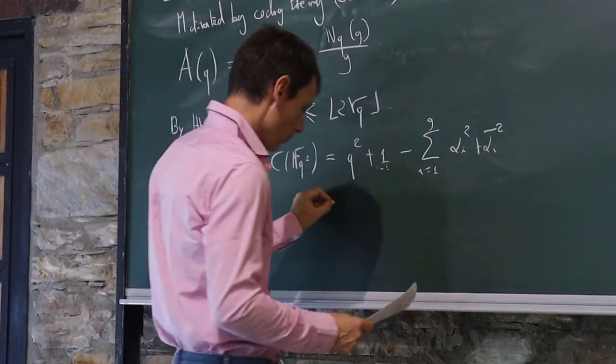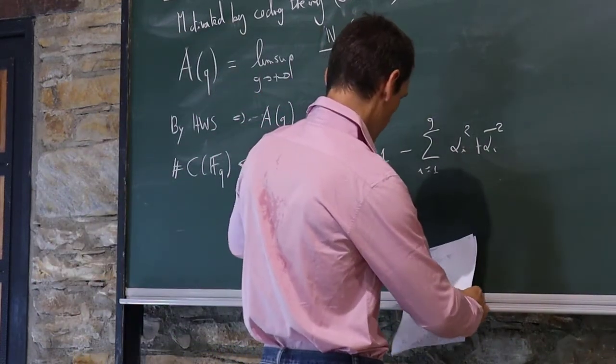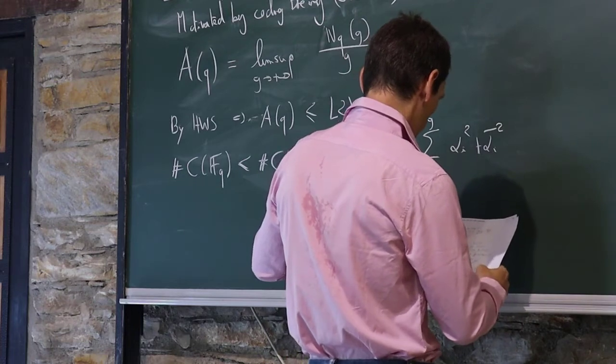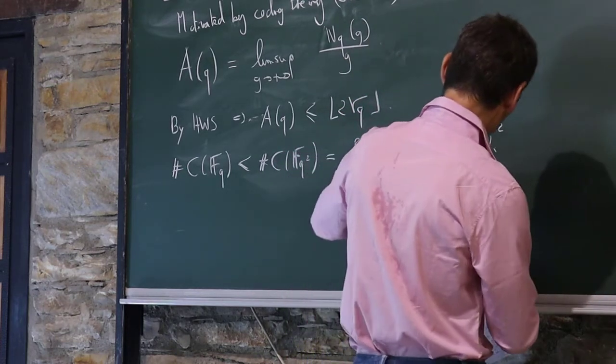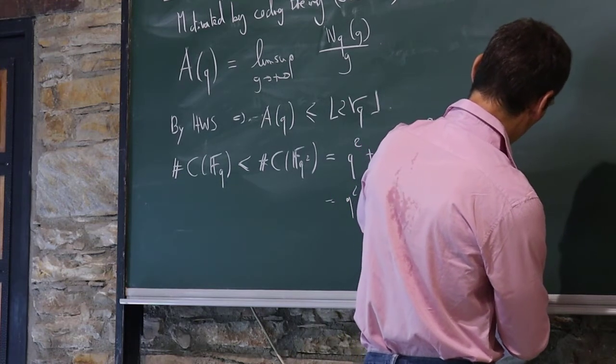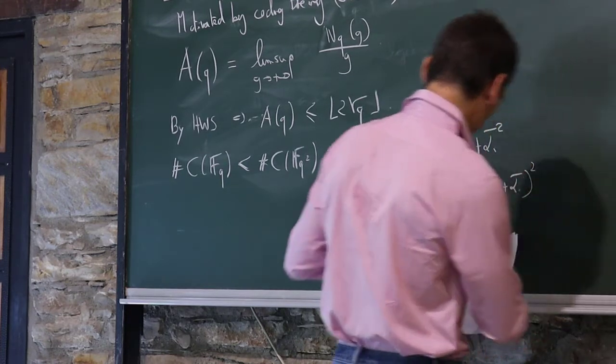That you transform as q squared plus 1 plus 2gq minus the sum of alpha_i squared plus alpha_i bar squared.